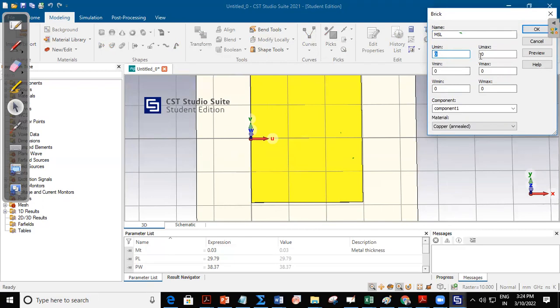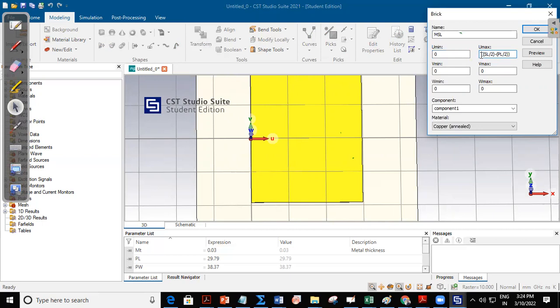So we are going to write from 0 to substrate SL by 2 half minus PL by 2 half, and this total value, because we are doing in minus V direction, it should be minus.